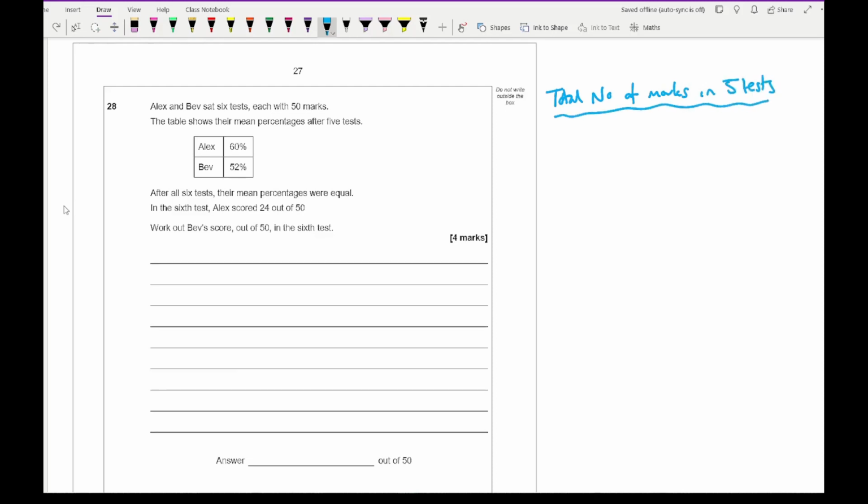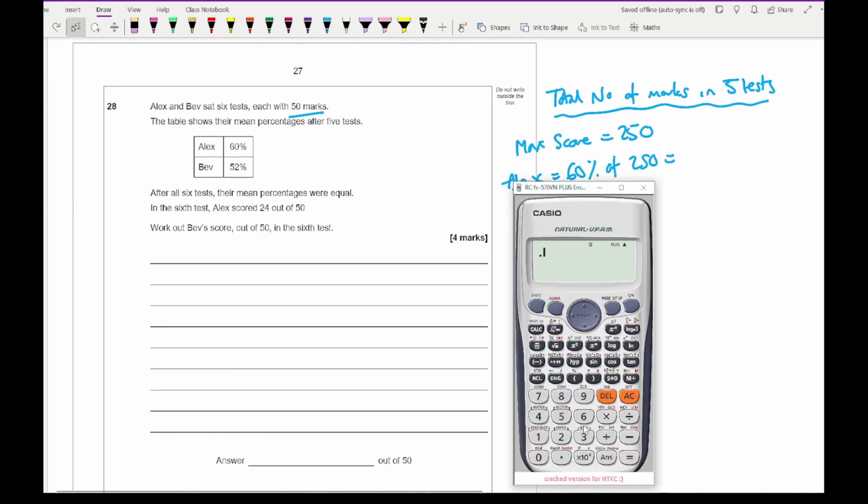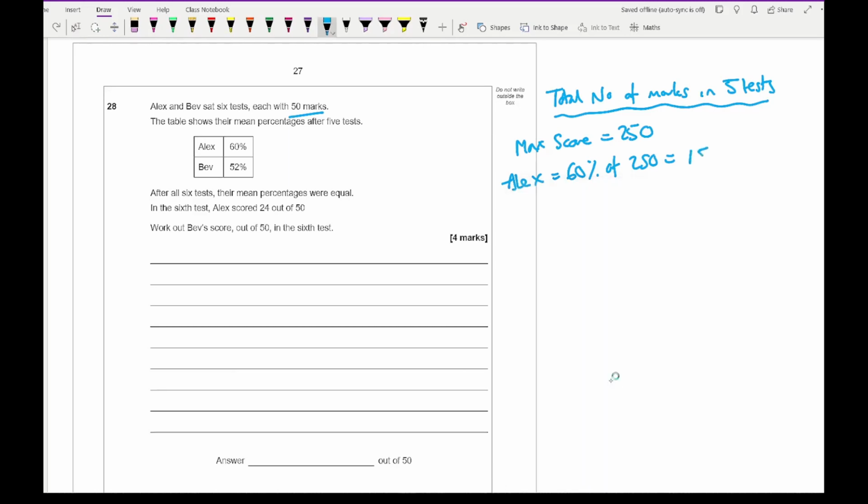So the total number of marks in 5 tests, so the max score equals 250 because each test is marked out of 50. So Alex has got 60% of 250, which if we work that out, 0.6 times 250, gives him a total point score of 150.